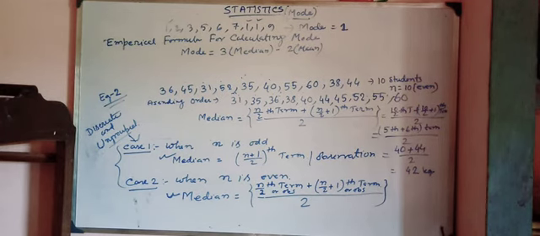But before we start EX14G related to median and mode, today we are going to start exercise 14F, which is related to the mean, from the R.S. Agarwal math book. That video I am going to start.